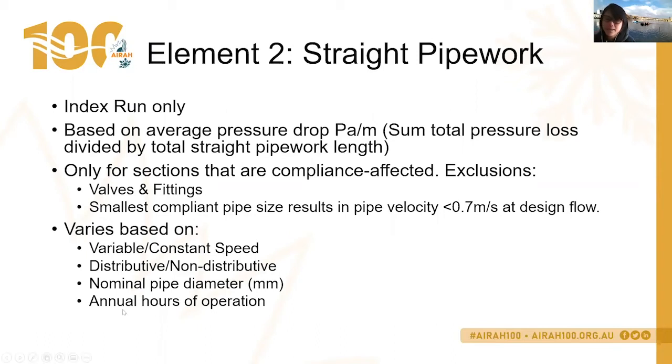And then you can see there, it's dependent on your pipe diameter as well as your annual hours of operation. Now, if you had a pump that was 2 or 3 speed, so you've got a 3 speed function, but they don't dynamically vary their speed based on demand, then you will consider them as a constant speed pump.